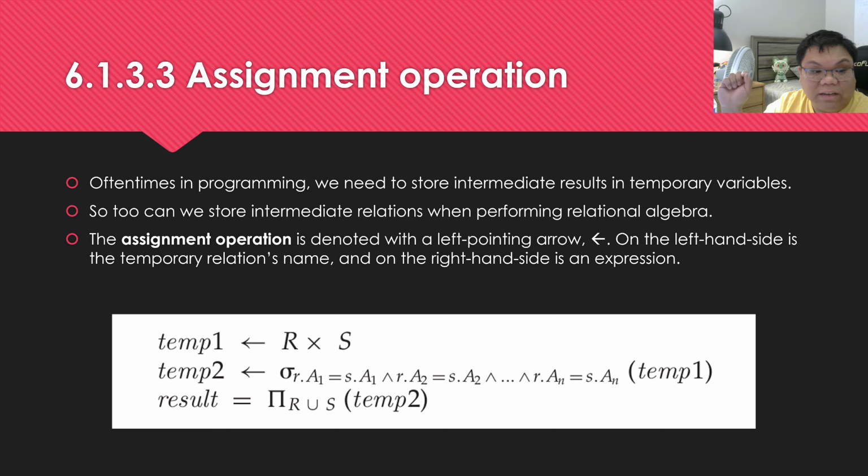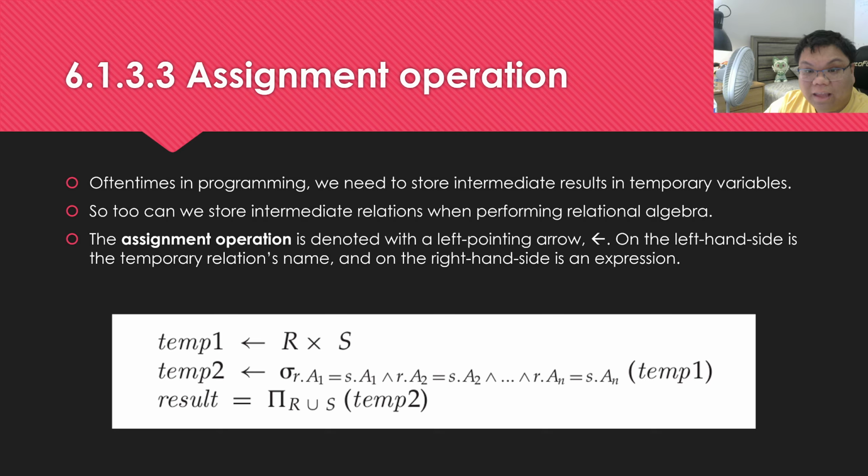We call that relation temp1, and then we pass that into sigma with this big long predicate R dot A1 equals S dot A1 and dot dot dot and R dot AN equals S dot AN of temp1.